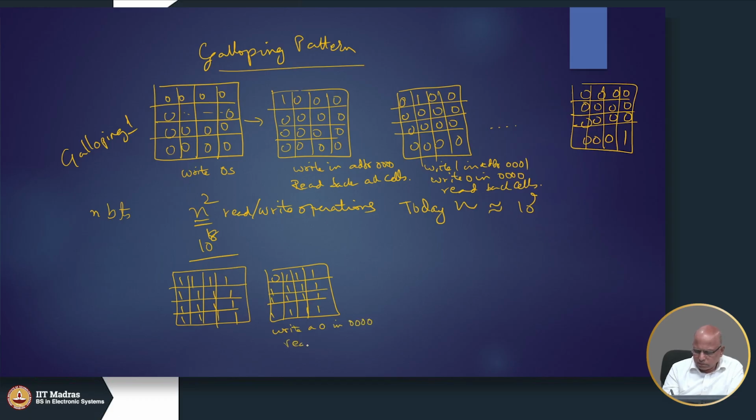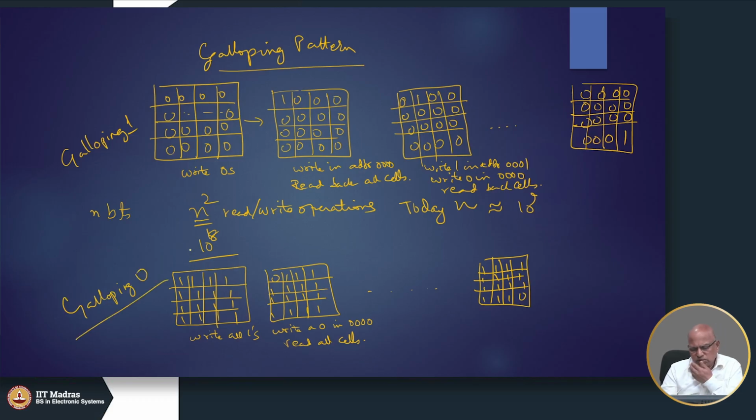Read all back, read all cells. So here write all ones and so on. The last pattern will be all ones. So this is a galloping 0. Same problem. It is also going to take order n square.